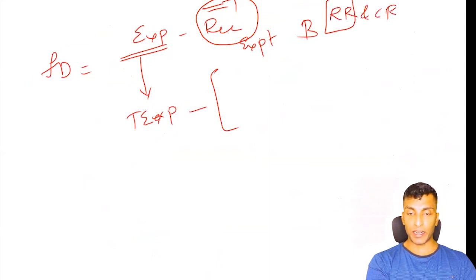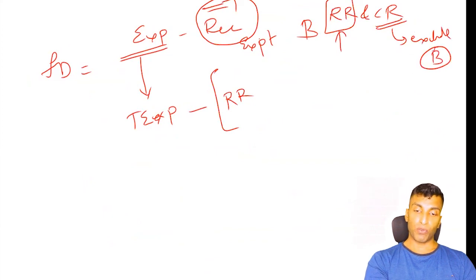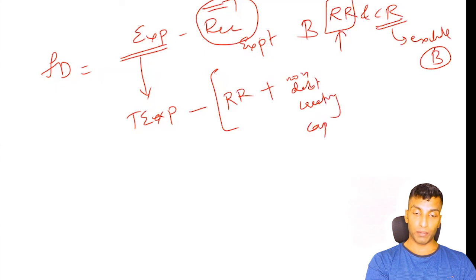I can take revenue receipts completely. From capital receipts, I need to exclude the borrowing part. So what I can write is revenue receipts plus non-debt creating capital assets.